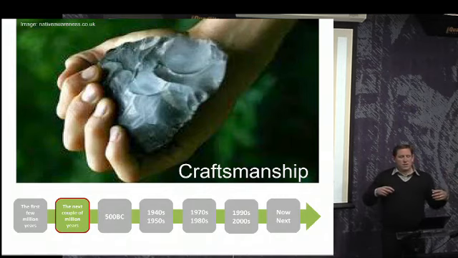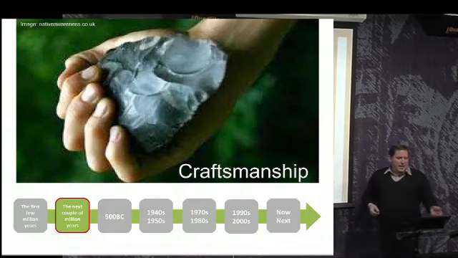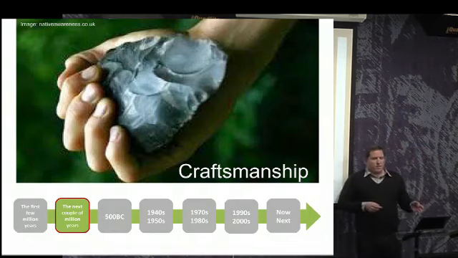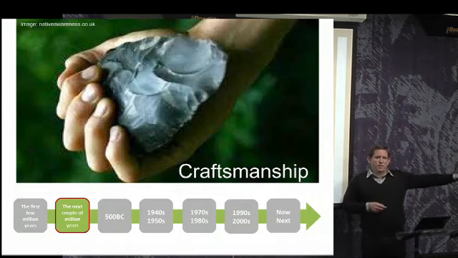As this period progresses, you find people making things for other people, probably in their community. Someone's good at making spears or hand axes, but then that develops further into making objects for trade, making objects for people that you're never actually going to see. They might be traded over distances that you are never going to travel in your lifetime.